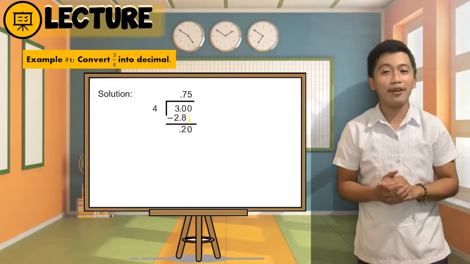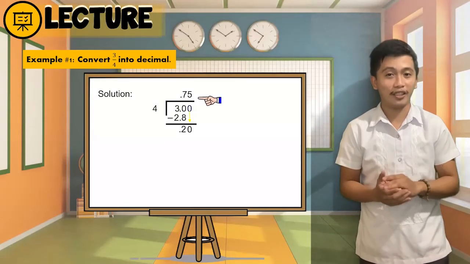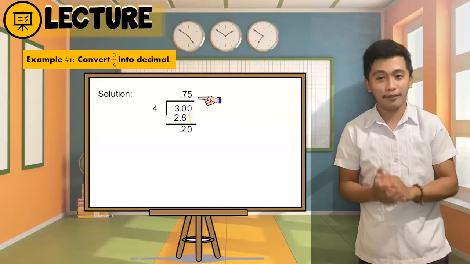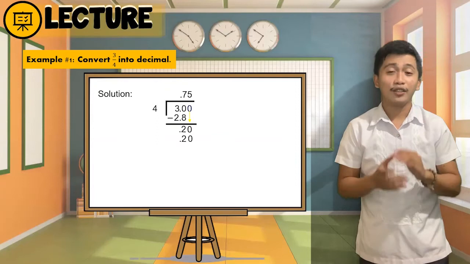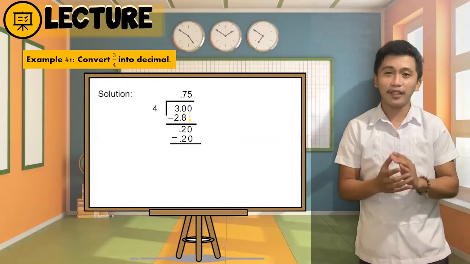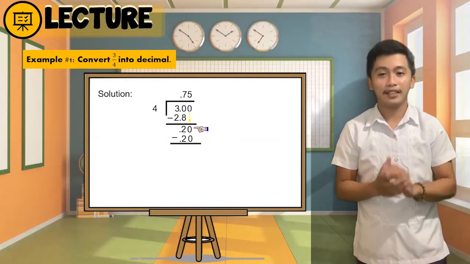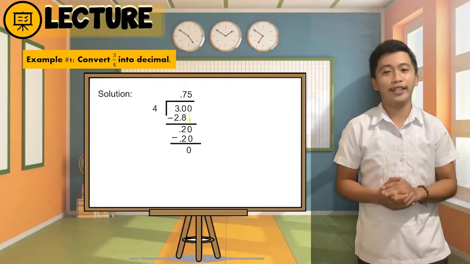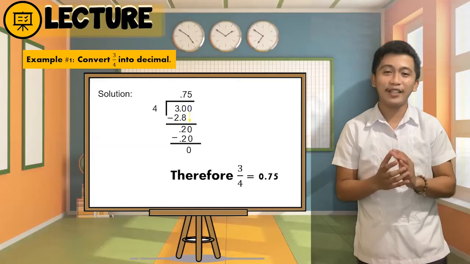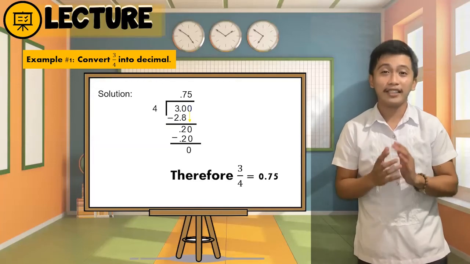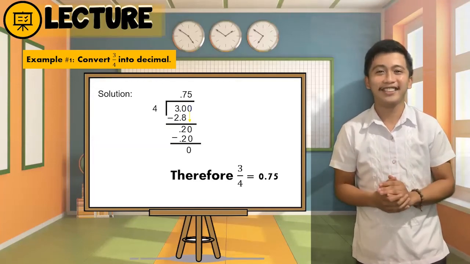The next step, we will multiply that quotient, which is 5, by our divisor. So 5 times 4 is 20. So 20 minus 20 gives a difference of 0. So therefore, 3/4 is equal to 0.75.